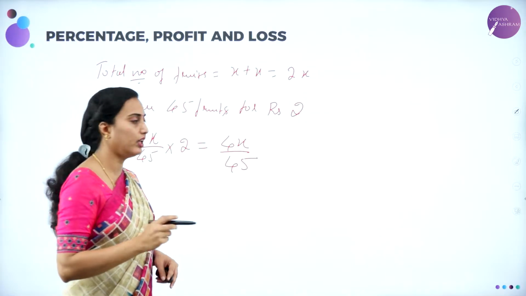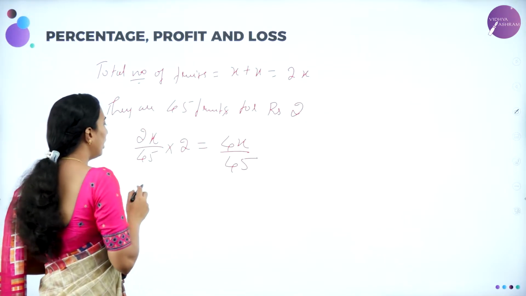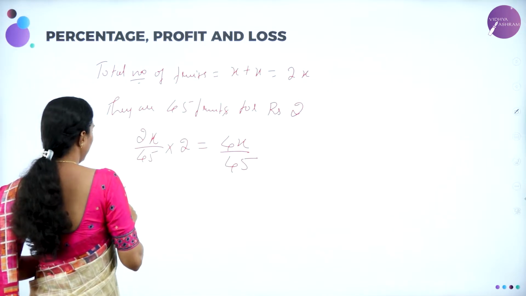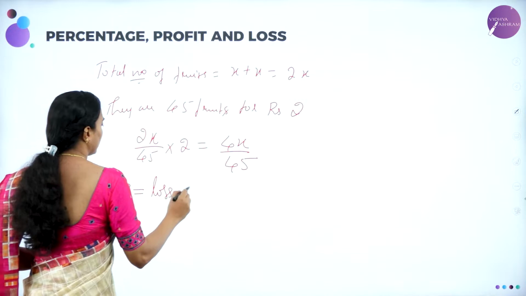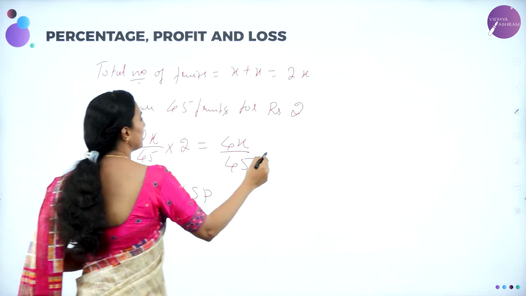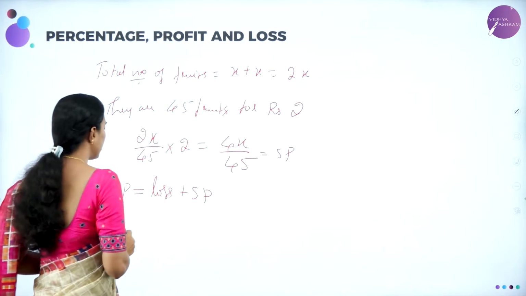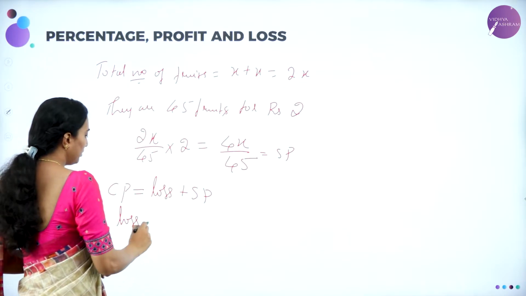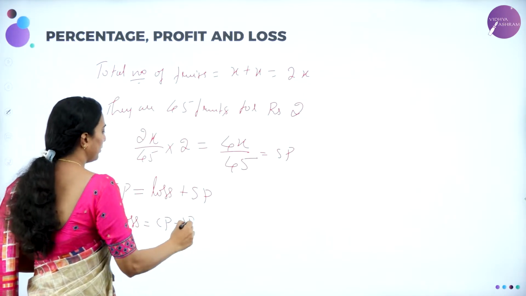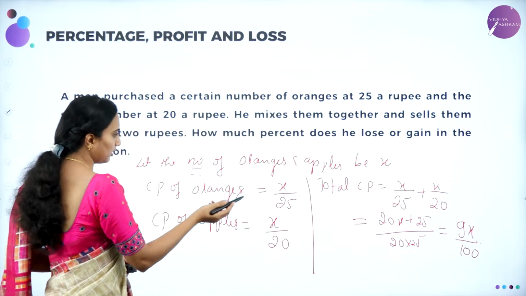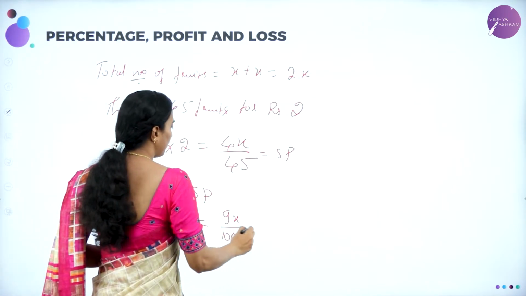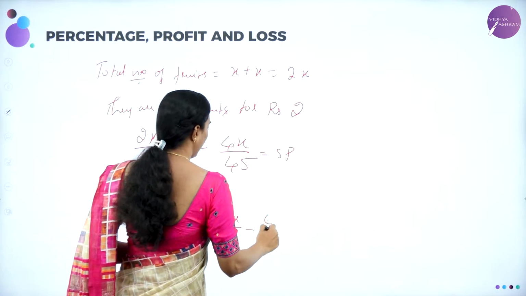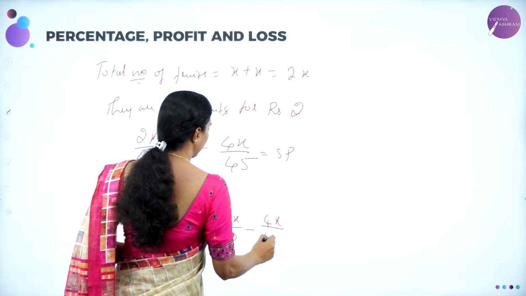Okay, and then so therefore you are going to have CP equal to loss plus SP. So this is nothing but the SP you are going to have. So loss will be equal to CP minus SP, which will be equal to, CP is nothing but 9X divided by 100 minus SP, which is 4X divided by 45.